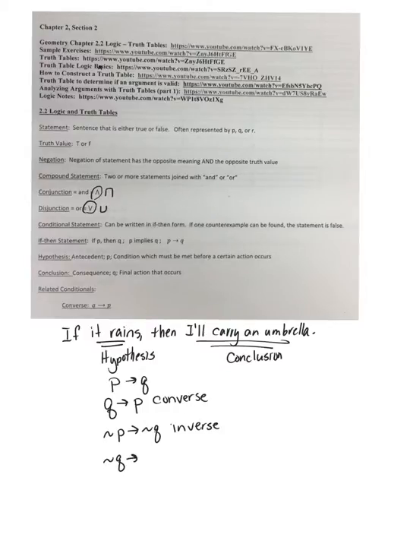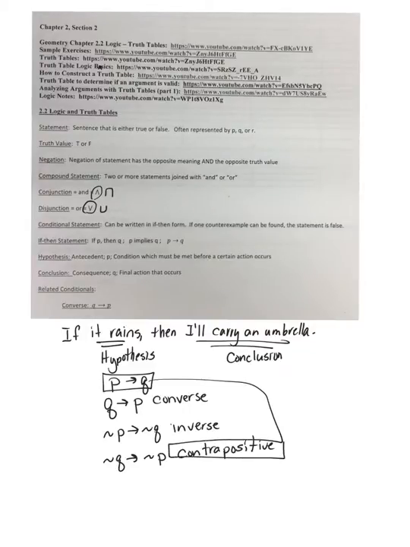And if I negate both parts and flip, that's called the contrapositive of the statement. Remember that the statement itself and the contrapositive always have the same truth value, and the converse and the inverse always have the same truth value.